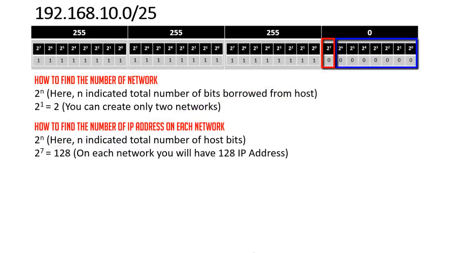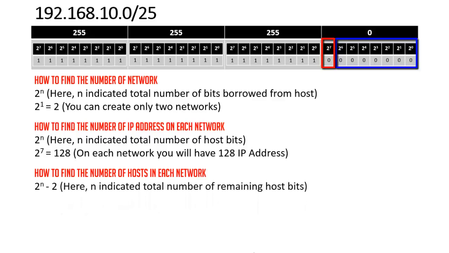Now let's find out how to find the number of hosts on each network. Guys, these two topics are really different: number of hosts and number of IP addresses. Number of IP addresses means the total number of IP addresses you will get on each network, and number of hosts means the total number of IP addresses you can assign to the devices in a network. So I will explain that.